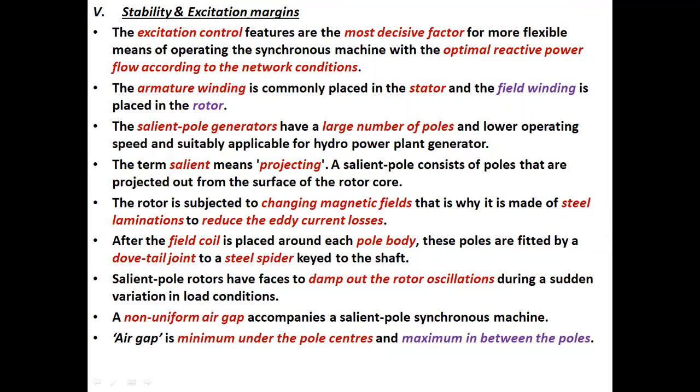Salient pole rotors have damper windings on the pole faces to damp out the rotor oscillations during a sudden variation of load conditions. A non-uniform air gap accompanies a salient pole synchronous machine. Air gap is minimum under the pole centers and maximum between the poles.